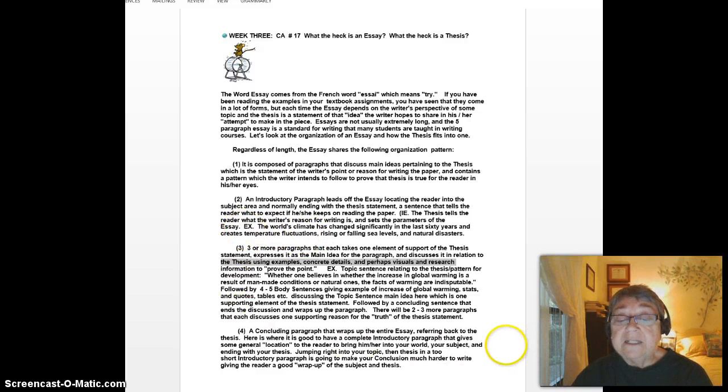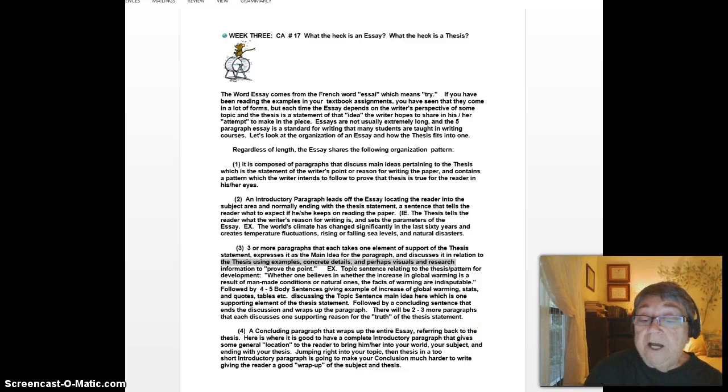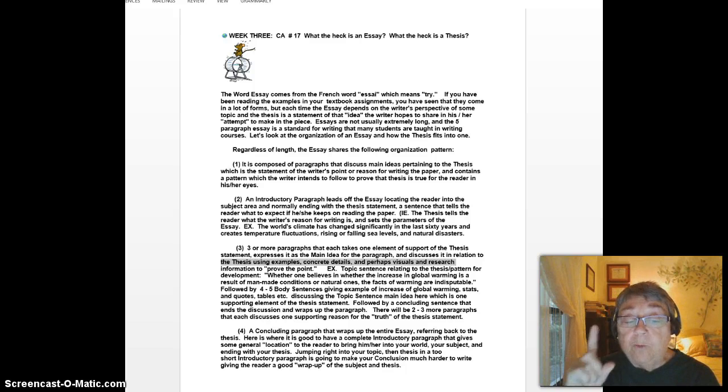And we're getting ready to discuss it with 4 or 5 body sentences that stick to that one idea and that give examples of global warming, that give stats, quotes, and tables, that discuss the main idea, that one idea, which is a supporting element of the thesis statement. And then we finish up a paragraph with a concluding sentence, and that concluding sentence wraps it up or introduces the next paragraph.